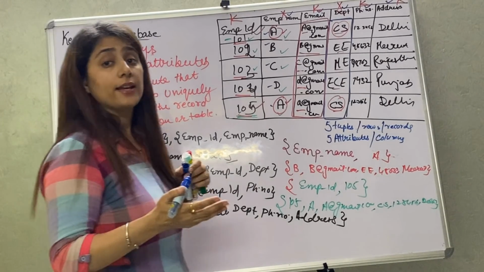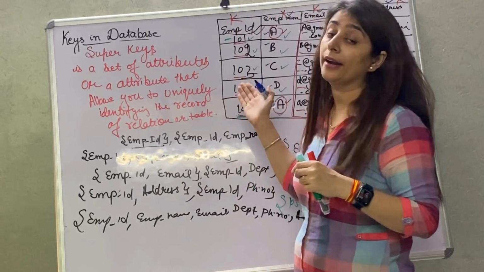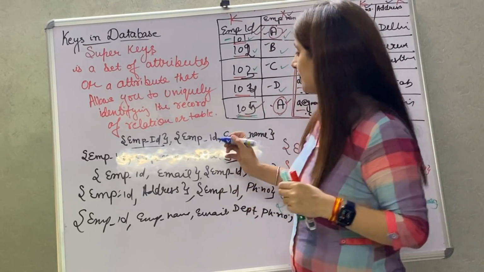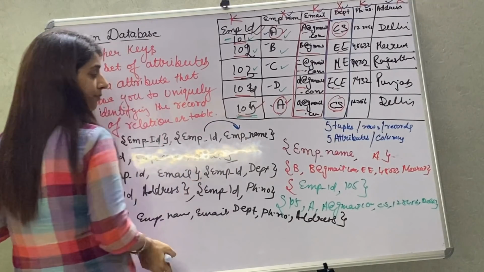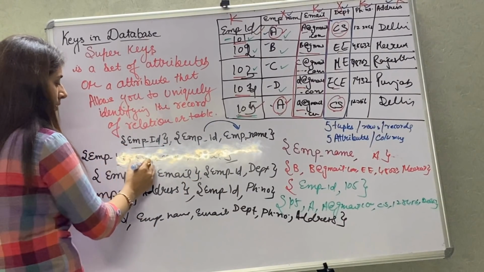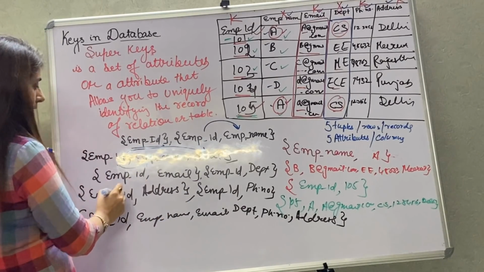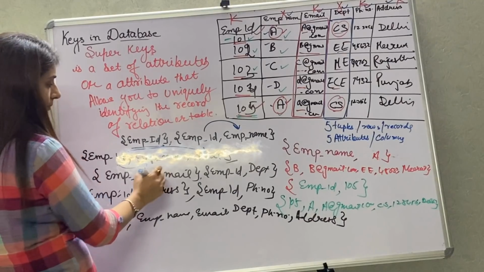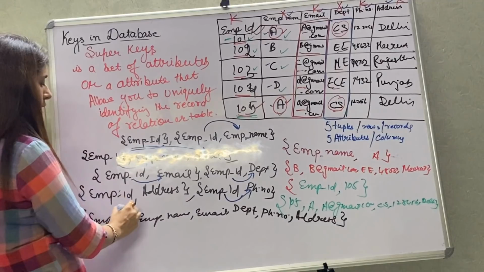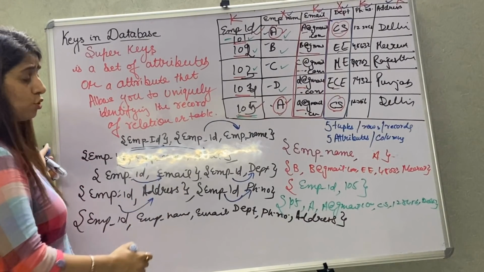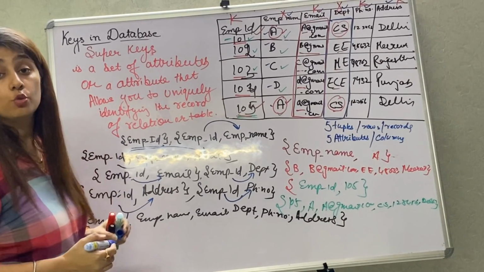Whatever set we make with this employee ID will be a super key, as I have combined employee ID with employee name and email, employee ID with email, with department, with phone number, with address. They are all super keys, because employee ID is making it a super key.